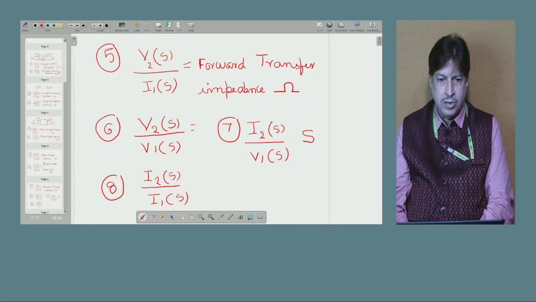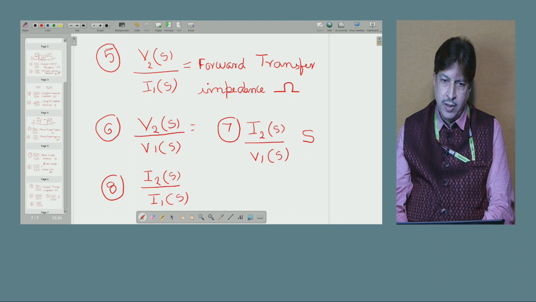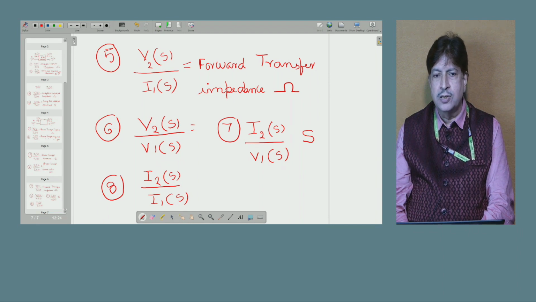The analysis of the complete network in two-port networks is considered in terms of analyzing these transfer functions and driving point functions.